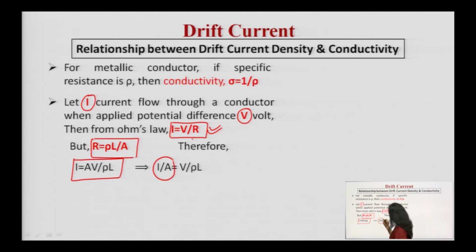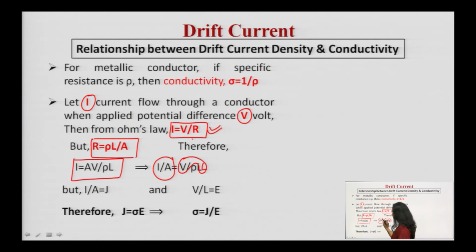You are aware of this term, V upon L. What is I upon A? I upon A is nothing but J. 1 upon rho is sigma and V upon L is E. So from here you can write J: J is the product of conductivity into applied electric field.